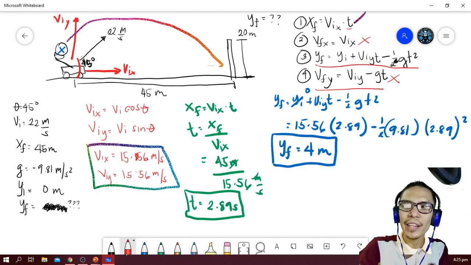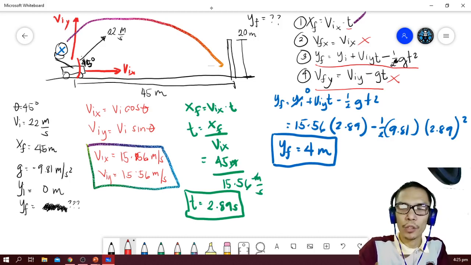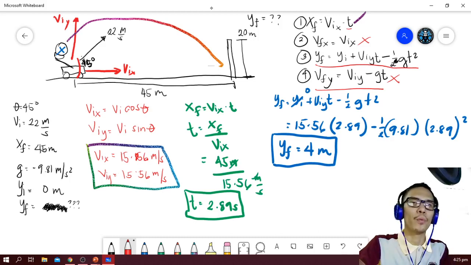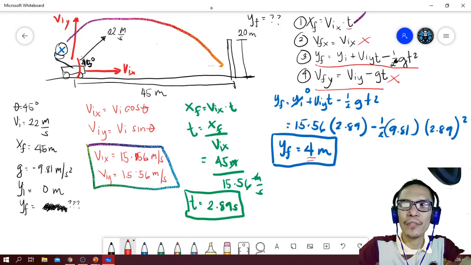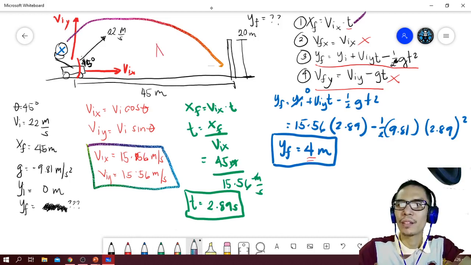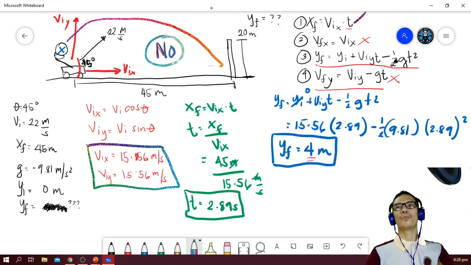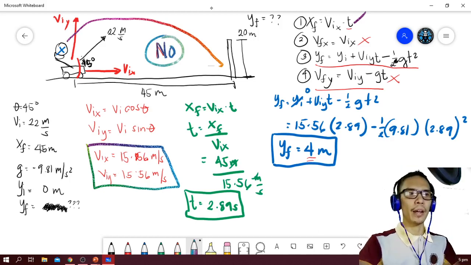You still have 16 meters to go to get the rock inside the castle wall. So only 4 meters, it is short. Your rock will fall short of the castle wall. So the final verdict is it will not make it through the castle wall. So there you have it.